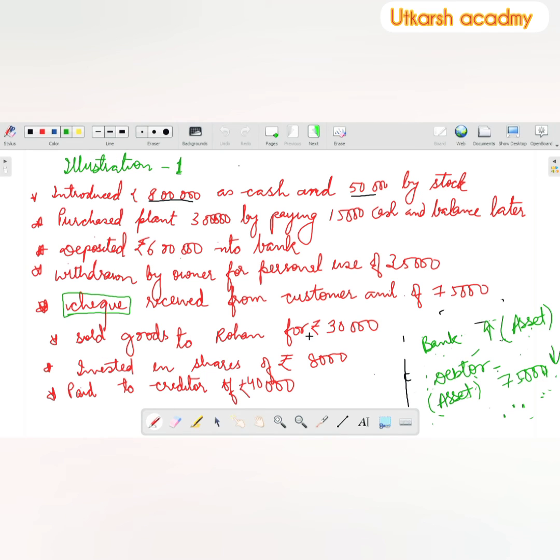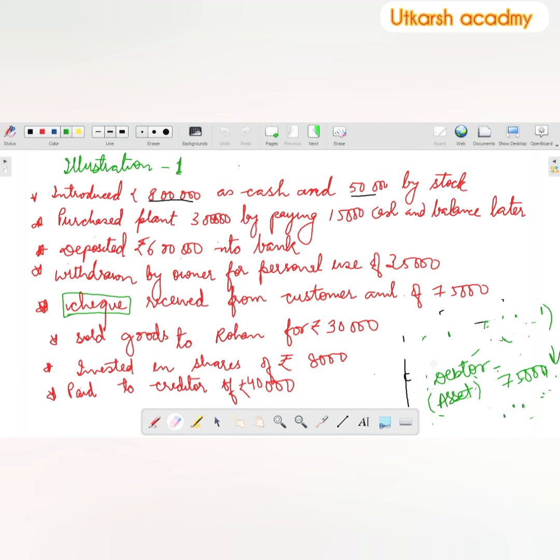Sold goods to Rohan for 30,000. Okay. Now what are we saying? We are selling goods to Rohan. Fine. So what will happen? Stock will reduce because we are selling now.